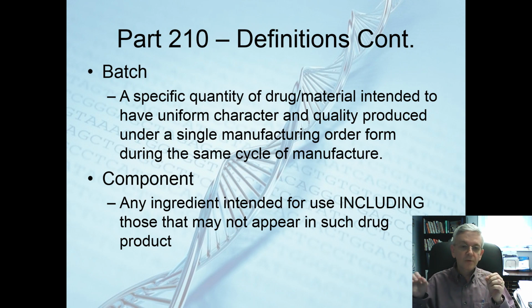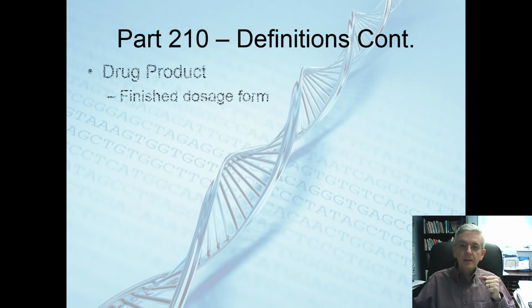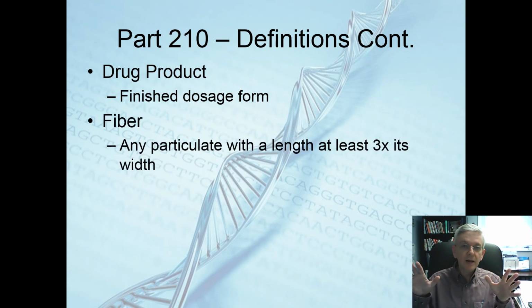Water is not part of the final dosage form, certainly to no great measure, but it is included as a component of that product because it's part of the manufacturing process. Go on with this. Your drug product means your finished dosage form, whatever that happens to be.